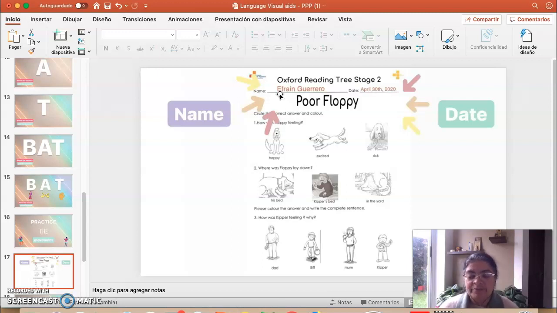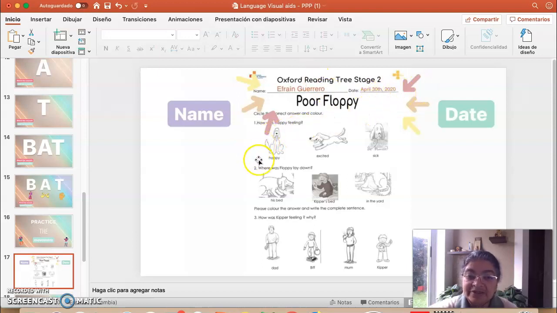No. Remember that you have to use the full name. Filomena Jiménez or Filomena Flores. But full name and last name. And you also need to write the date.